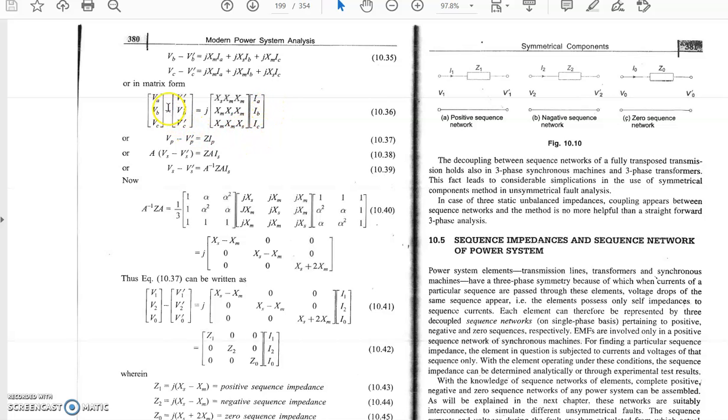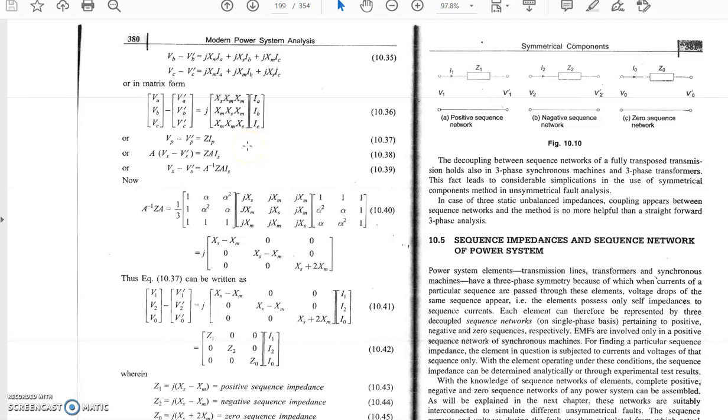Or if we denote this as VP, P for phase, VP minus VP dash is equal to Z into IP, where IP is the phase current and VP is the phase voltage. Up to here we have just written the KVL equation for the given circuit.